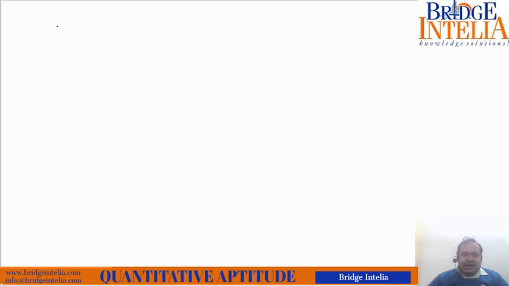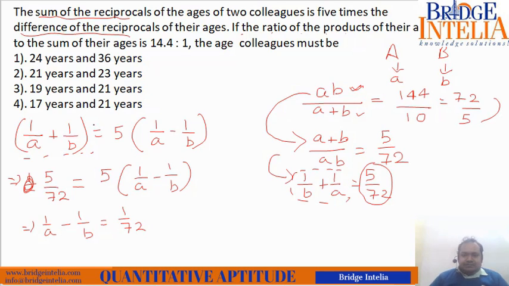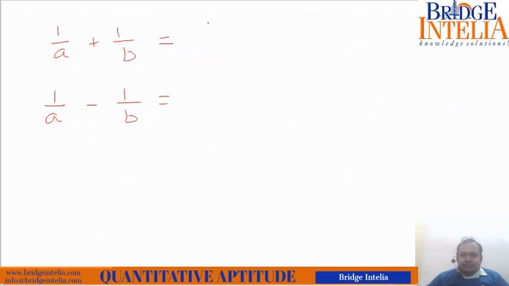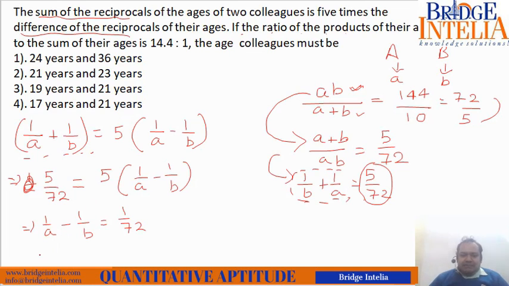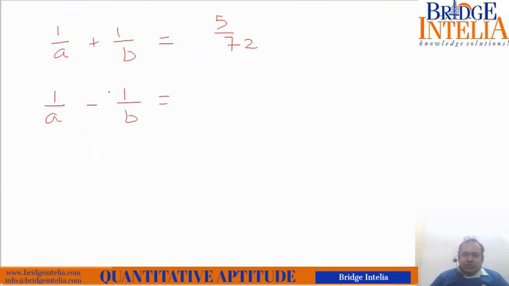So 1 by A plus 1 by B is also known and 1 by A minus 1 by B is also known. So 1 by A plus 1 by B is 5 by 72 and 1 by A minus 1 by B is equal to 1 by 72.